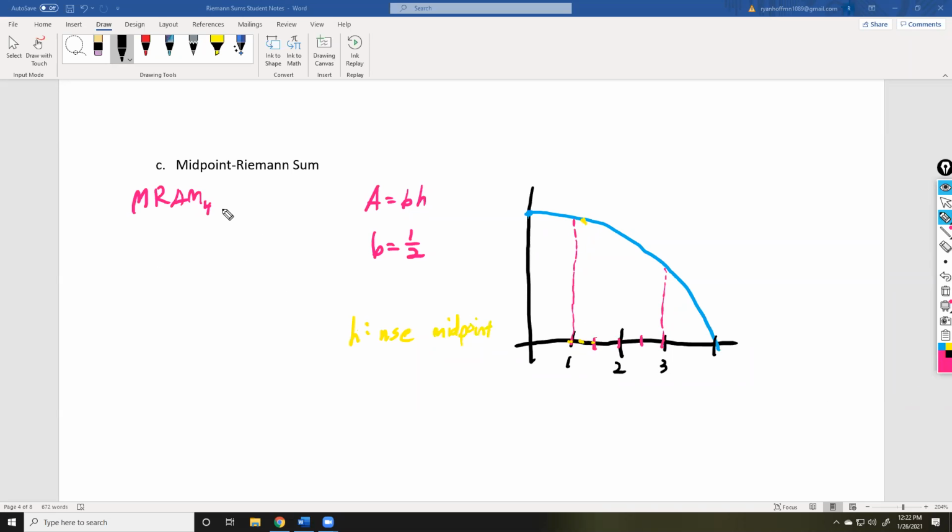So I'll go ahead and, at the start, since all my bases are 1/2, factor the 1/2 out to start with. But this time, my first rectangle is going to use the height at 1.25, like this. So we're going to use f of 5/4, 1.25.